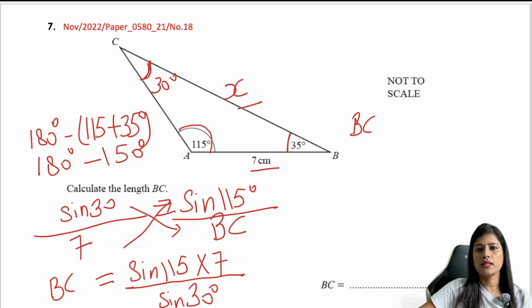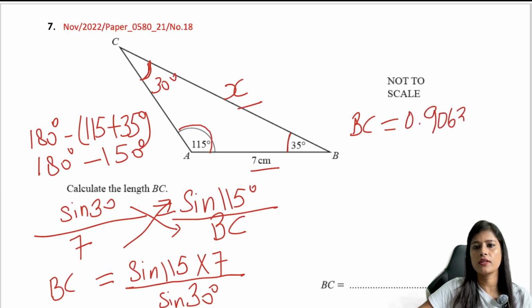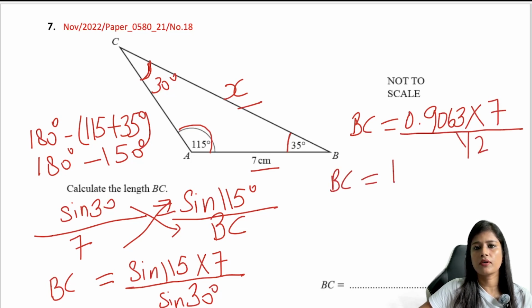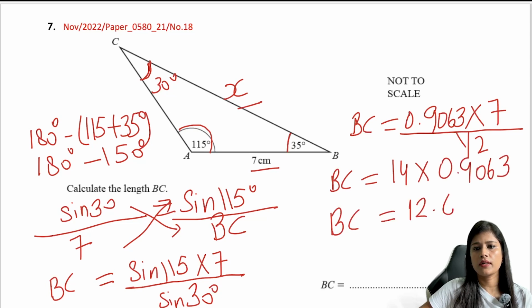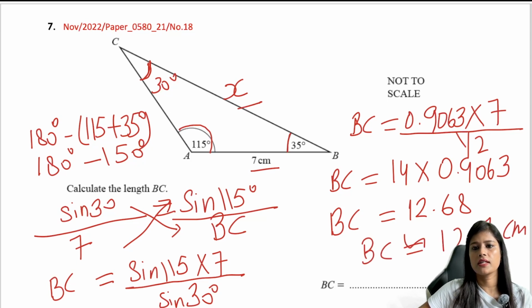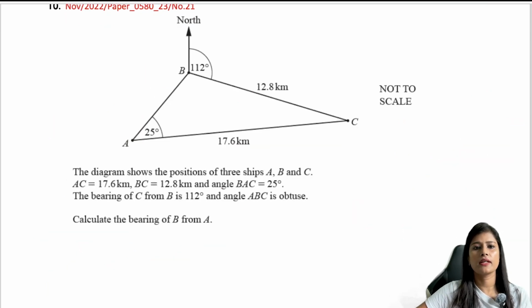So substituting half, sine 115 will be 0.9063 and this will be half. So BC will be 14 times 0.9063, which is 12.68, and I can round off BC to 12.7 centimeters. Next question is, the diagram shows the position of three ships A, B, C.